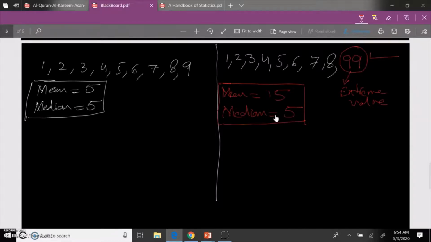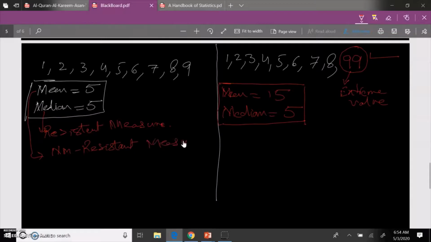So such a descriptive measure which is not affected by the inclusion of some extreme values is called a resistant measure. So remember, median is a resistant measure. It resists the inclusion of an extreme value, whereas the mean is a non-resistant measure.